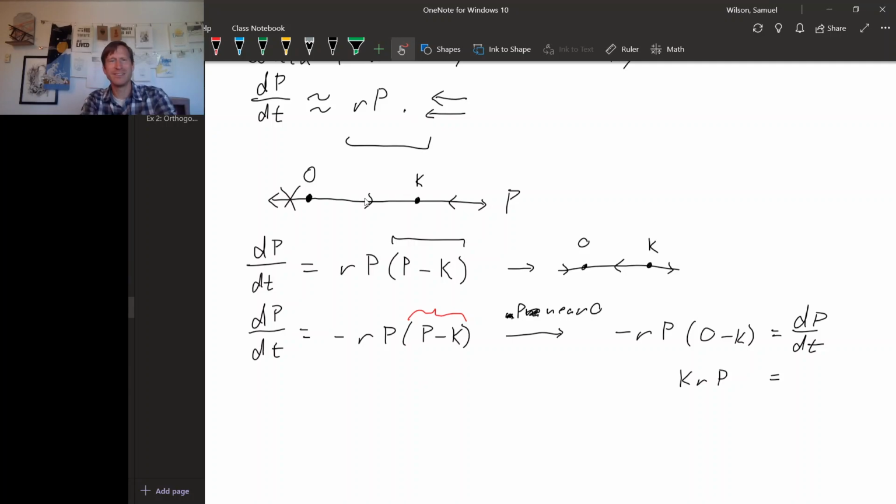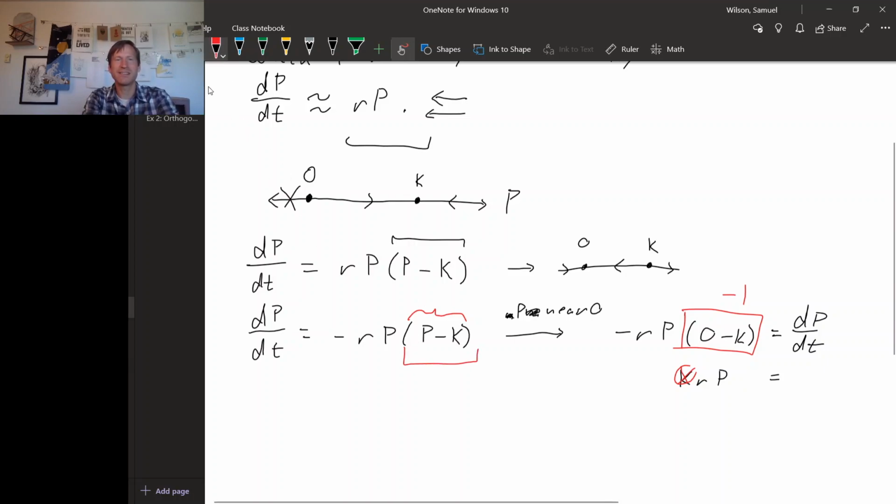It would have been nice if this factor right here was approximately -1 when p is near 0. Then this k wouldn't be here, we'd have a 1 here instead, and that would be what we want. So what we need to do is change this p minus k factor so that it is approximately -1 when p is small, near 0.